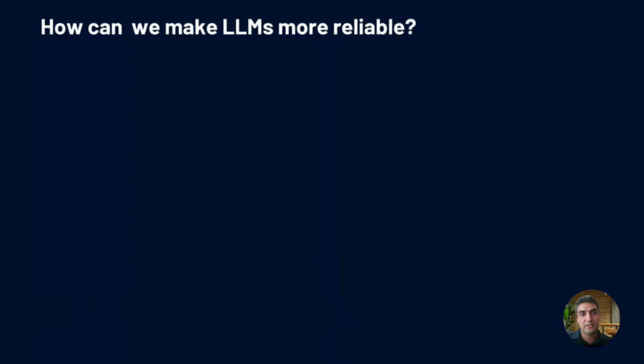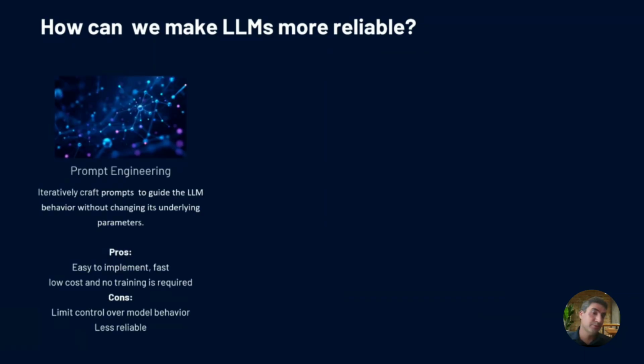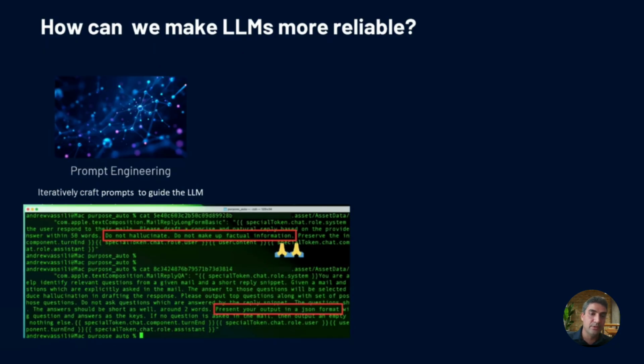So there are different ways. The most common way is prompt engineering. You craft different prompts and try to guide the LLM based on that prompt. This is a good example of a prompt developed by Apple Intelligence, where they were trying to reduce hallucination in the LLMs. The prompt was as simple as: do not hallucinate, do not make up factual information.